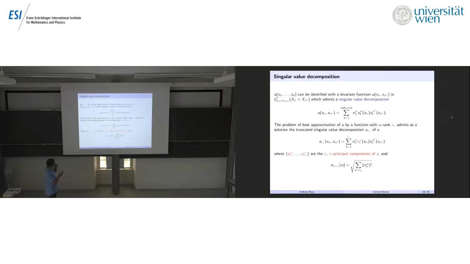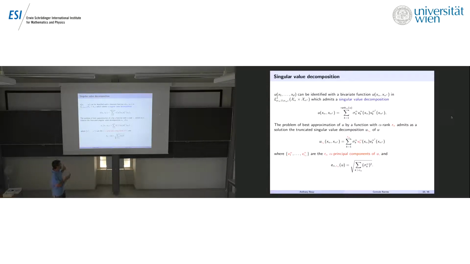These are denoted X_alpha. Alpha is a collection of variables here. And in this Hilbert setting, you have the existence of a singular value decomposition of this bivariate function. The sigma_k^alpha are called the alpha singular values of the initial multivariate function.